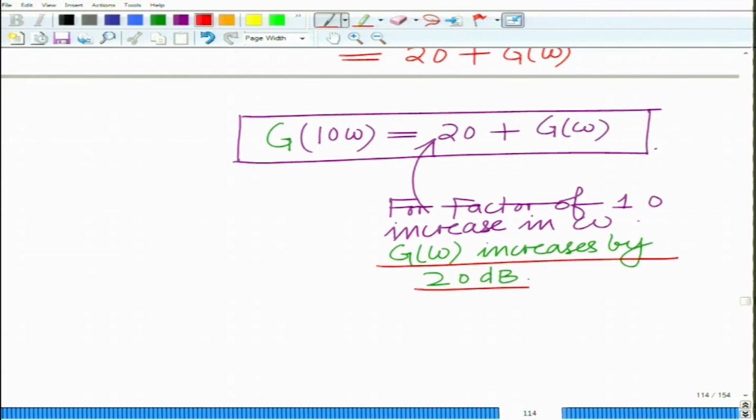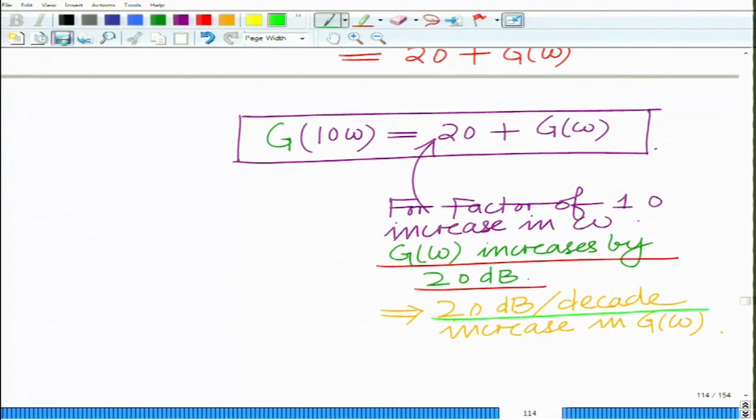G omega increases by 20 dB, and this implies basically a 20 dB per decade. So, every time omega increases by a factor of 10, this increases by 20 dB. So, 20 dB per decade. So, this is basically your 20 dB per decade increase. Okay. So, this is termed as a 20 dB per decade increase.